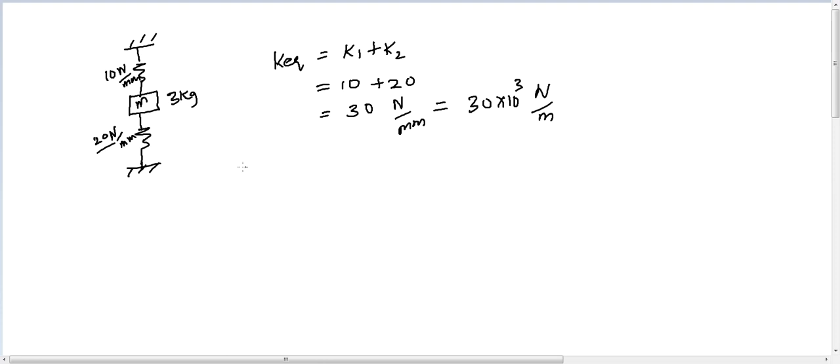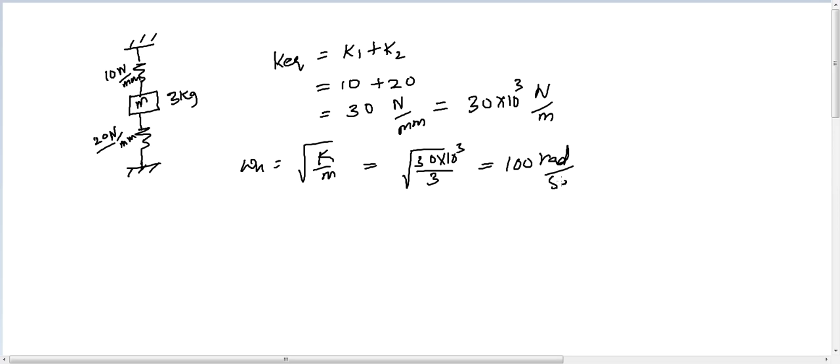Now omega n is equal to square root of K by m, which is equal to square root of 30 into 10 cube by m, which is 3 kg, which is 100 radian per second.